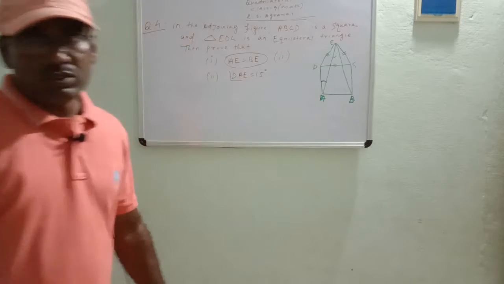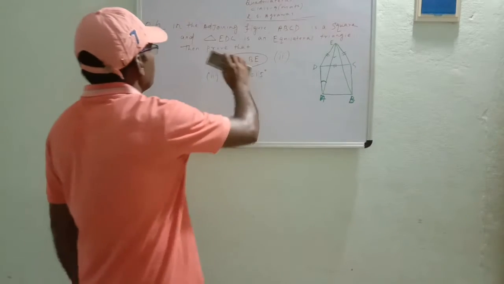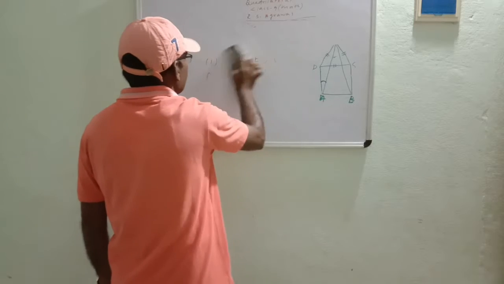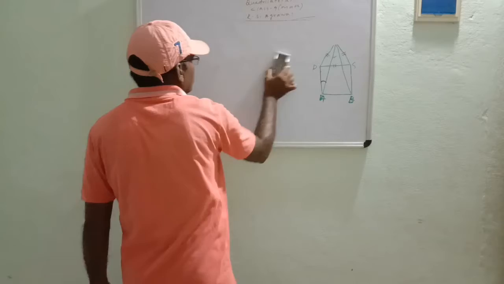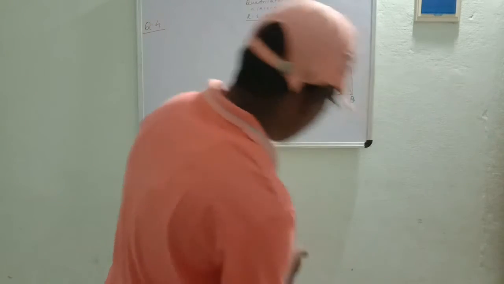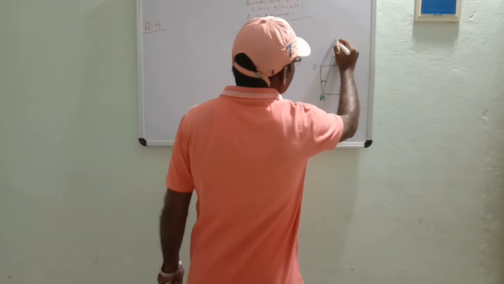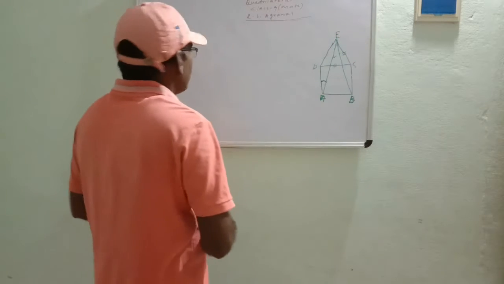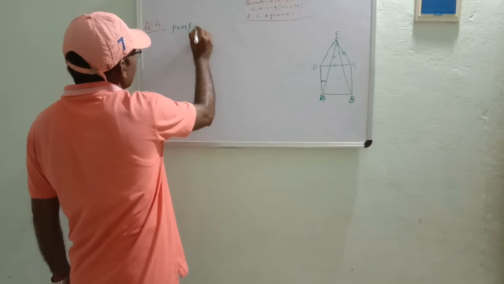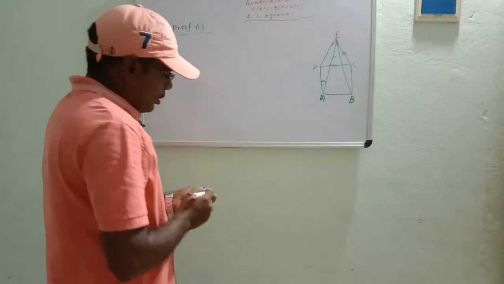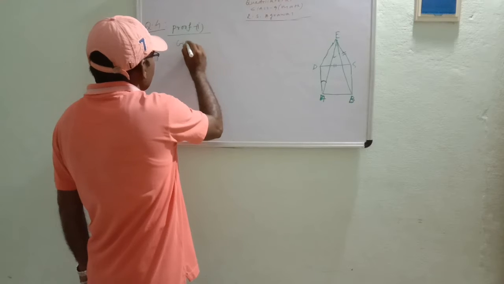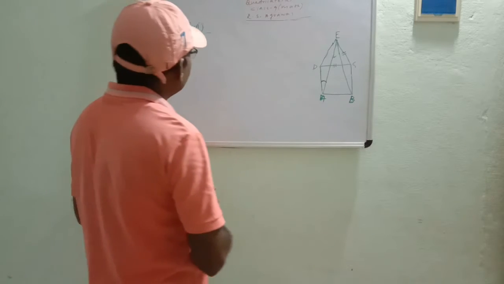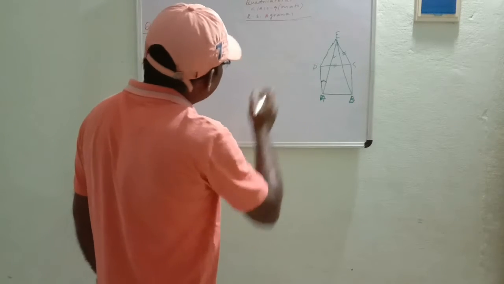First write the given items. In the question, it has been mentioned that ABCD is a square and EDC is an equilateral triangle.